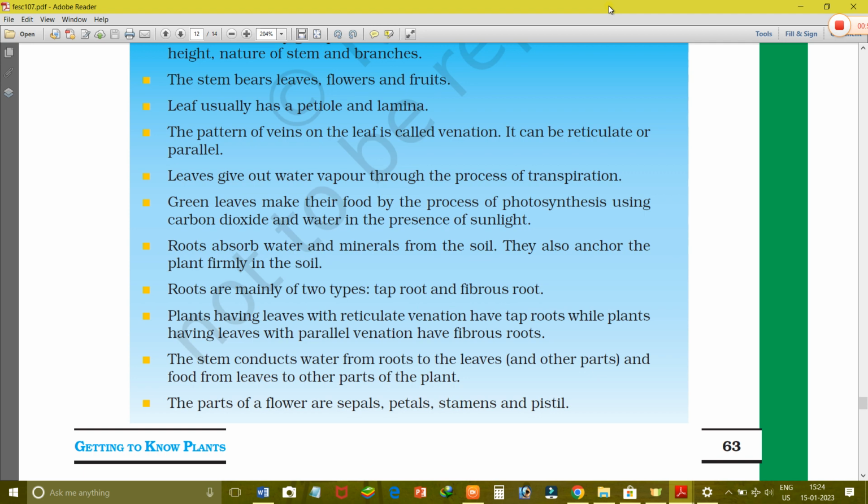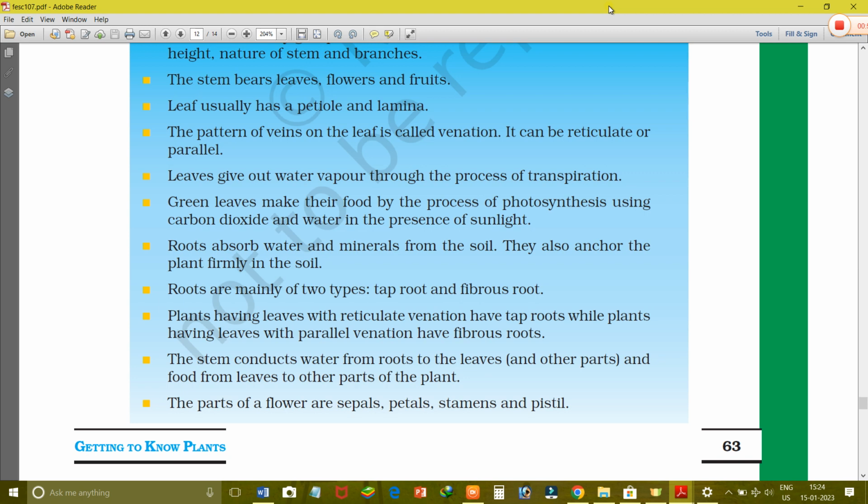They also fix the plant firmly in the soil. Roots are mainly of two types: taproot or fibrous root. Plants having leaves with reticulate venation have taproot, while plants having leaves with parallel venation have fibrous root.